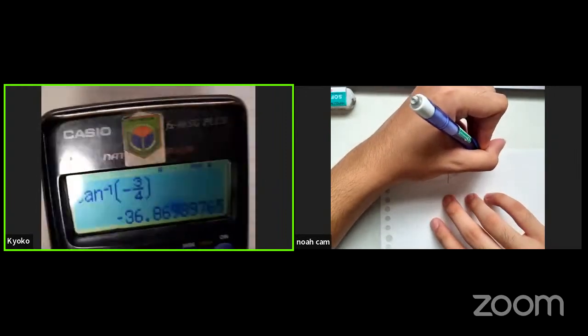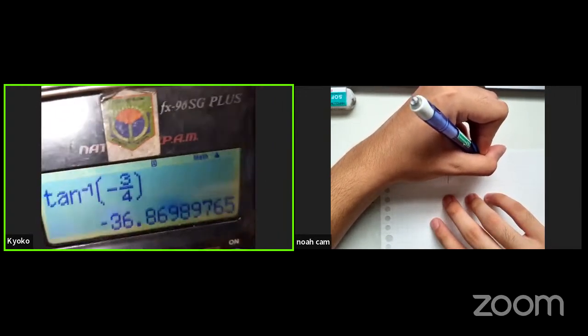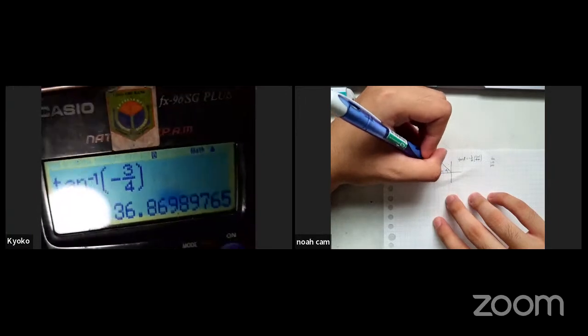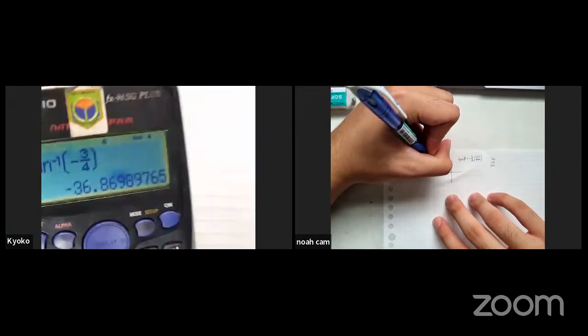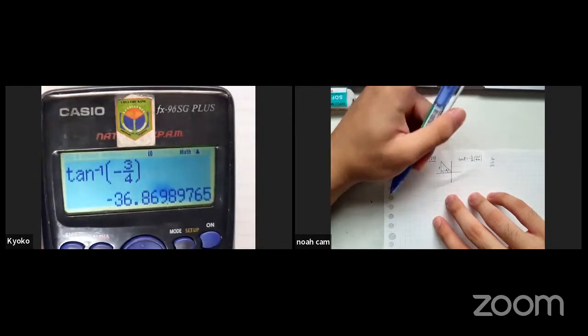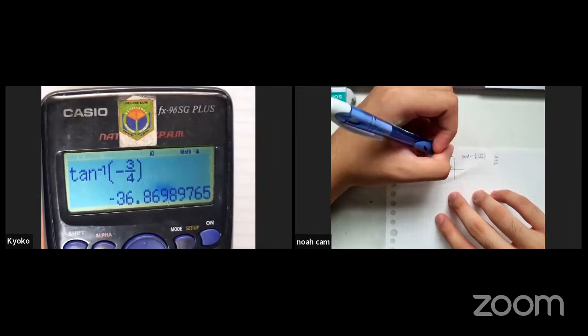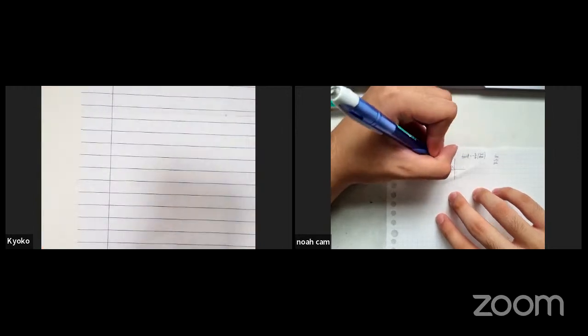Very ugly number. Okay. Now I'm just going to write it down first. The answer is an ugly number, minus 36.9 degree. Okay, roughly right.